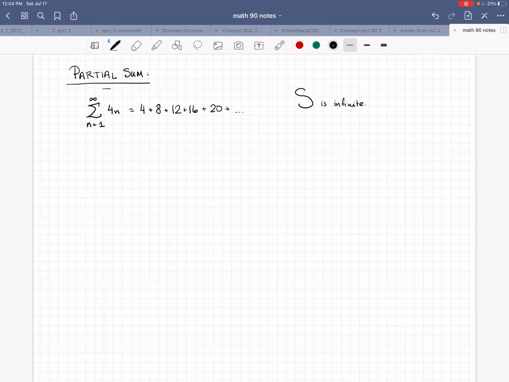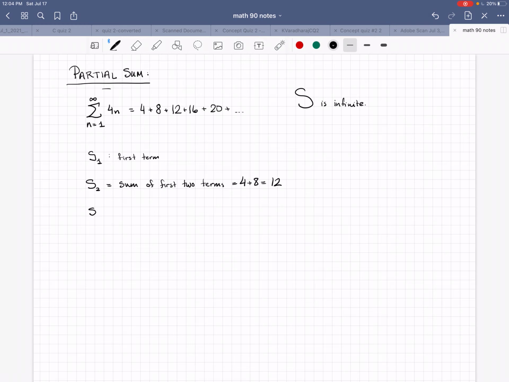But we don't have to look at the whole sum. We can look at partial sums. So S sub 1, well, that's just the first term. Right? S sub 2 is the sum of the first 2 terms. So that's going to be 4 plus 8, which is 12.